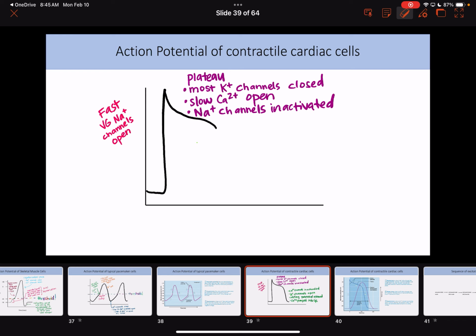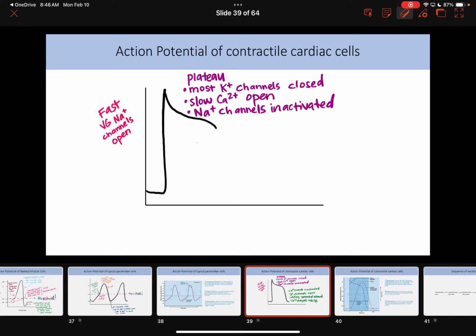Cardiac muscle cells are fast too, but the action potential lasts up to 200 milliseconds. So that's 100 to 200 times longer than in skeletal muscle cells. This allows us to fully fill our ventricles, and also to eject enough of that blood out.